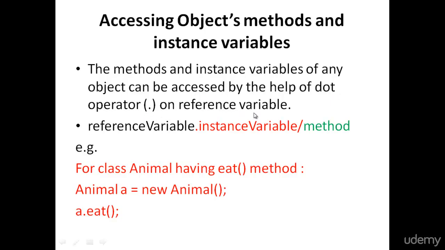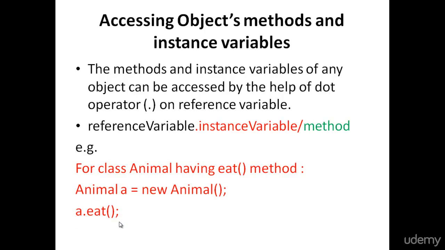Whenever you want to access them, you need to create an object of a class and create a reference variable. Whenever you use that reference variable with the dot operator, you can access either the instance variable of that class or the method of this class. So over here, this is a reference variable, this is an object of a class, and this is the class name. So reference variable dot, and the method that we have accessed.